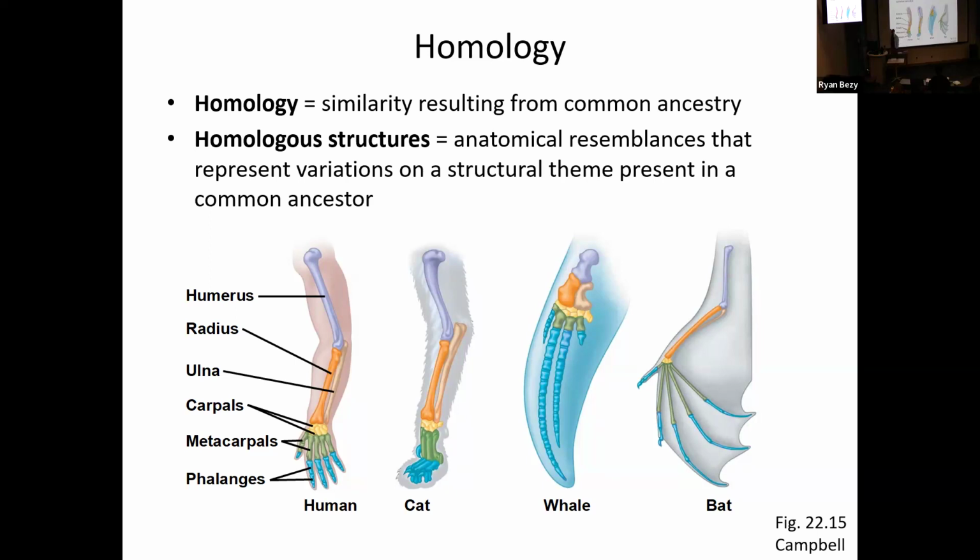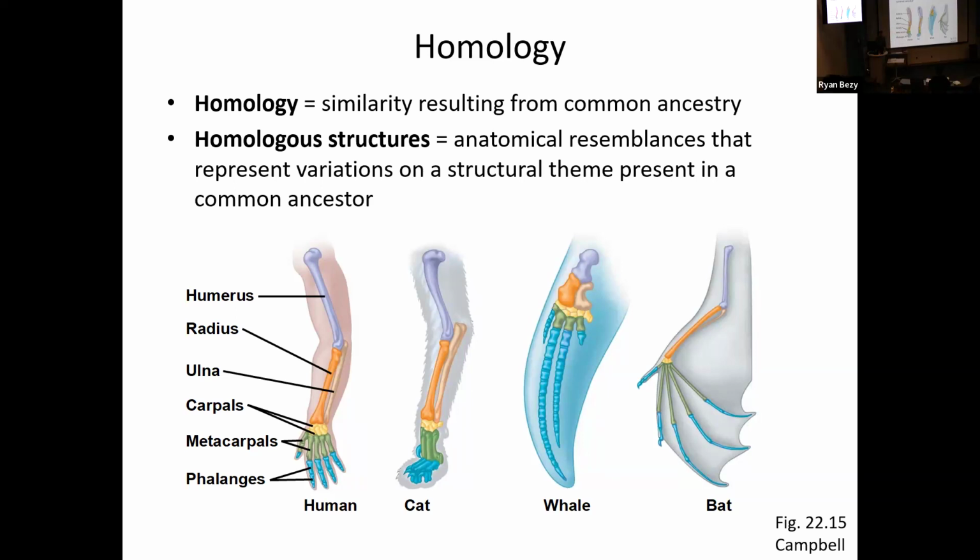These are anatomical resemblances, anatomy similarities that represent variations or modified versions of a structure from a common ancestor. So say you have several different species that are descended from a common ancestor, they're going to have similarly shaped structures in them. And that would be homologous structures.